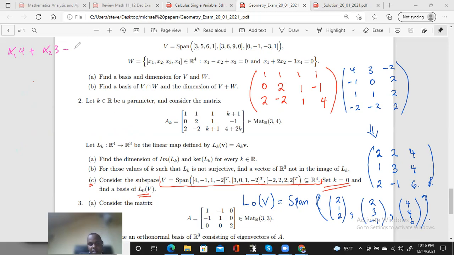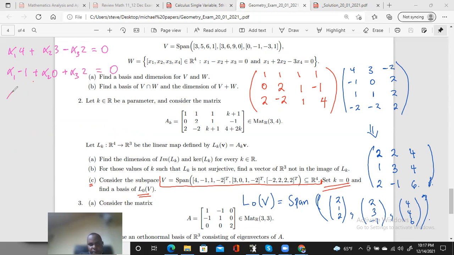So alpha 1 times (4, -1, 1) plus alpha 2 times (-3, 0, 1) plus alpha 3 times (-2, 2, -2) equals 0. Alpha 1 negative 1 plus 0 plus alpha 3 times 2 equals 0.